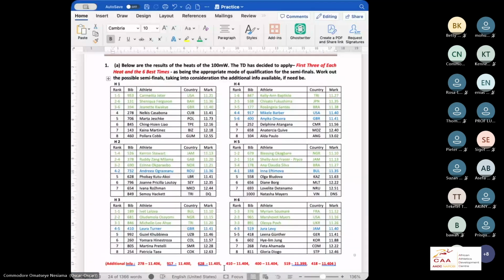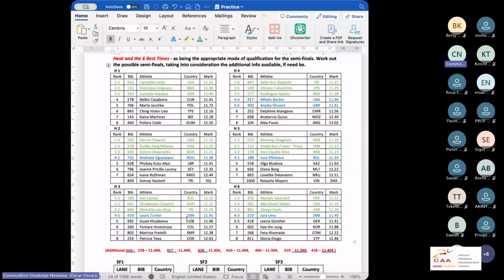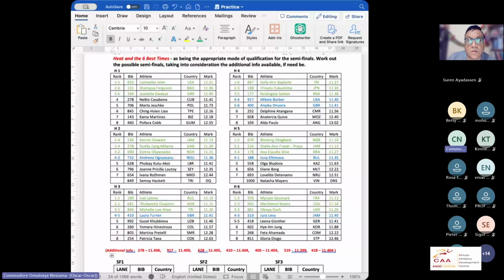Now, quickly, we want the rules governing this seeding, the best heats qualifiers. Athletes will be seeded based on places and times achieved from the previous heat.